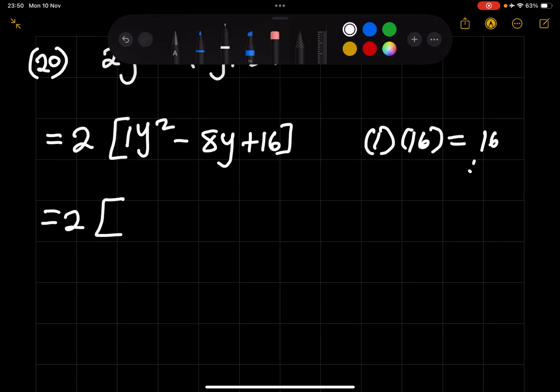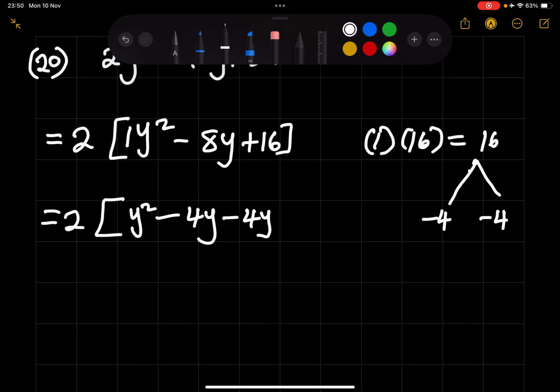That gives us 16. We're going to look for two terms that multiply to positive 16, but give us negative 8 when we add them. And clearly that is minus 4 and minus 4. So we're going to break the middle term to y squared, then minus 4y, another minus 4y. Minus 4y minus 4y is still minus 8y.